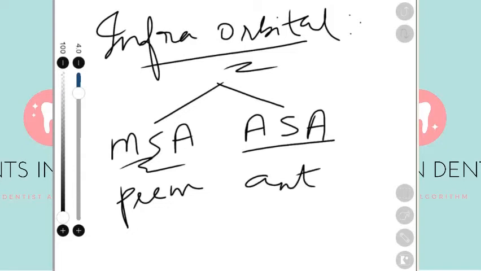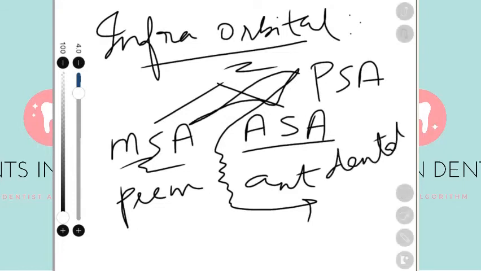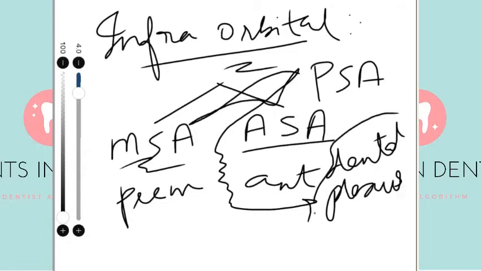So these nerves are very important, and your posterior superior alveolar nerve along with the middle superior and anterior superior alveolar nerve combine together to form something called a dental plexus. They interconnect with each other and form the dental plexus.